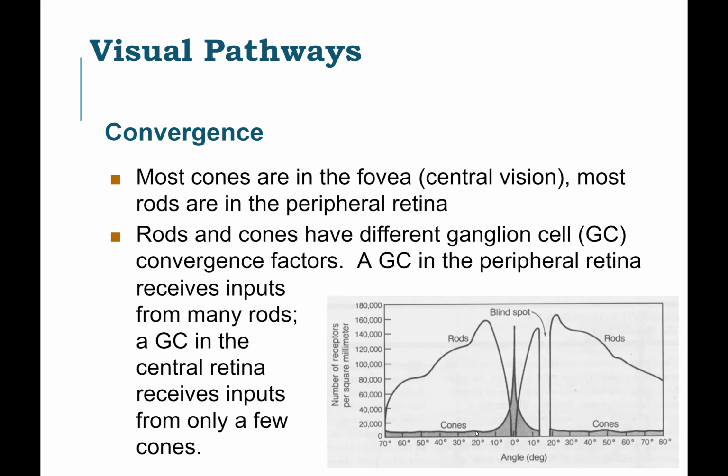As you go into the periphery, you're going to have a lot more rods and very few cones. And there is a blind spot where there are no photoreceptors. That's where the axons are leaving the eye. So most cones are in the fovea that constitute central vision. Most rods are in the periphery. Rods and cones have different properties, and those properties define what we call central vision versus peripheral vision.